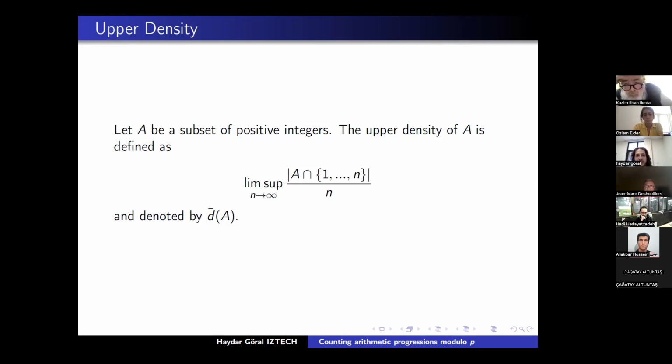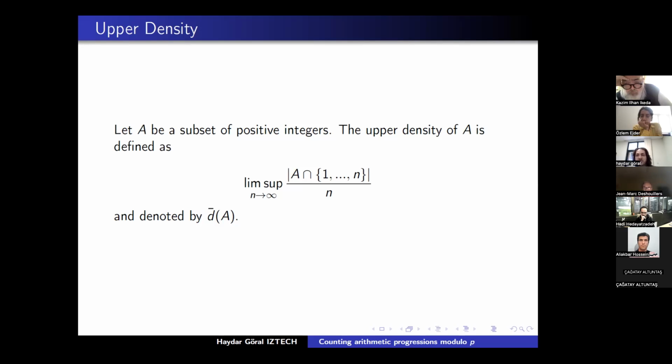So basically, if you intersect A with the first n numbers, this means you are considering the numbers from A which fall into the first n numbers. And if you divide by n, this is kind of a probability, right?